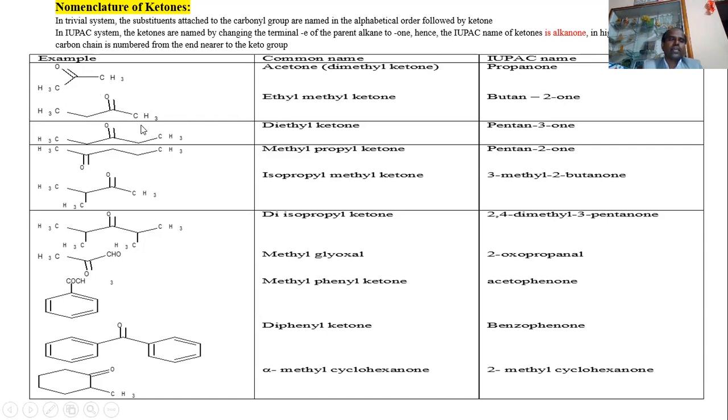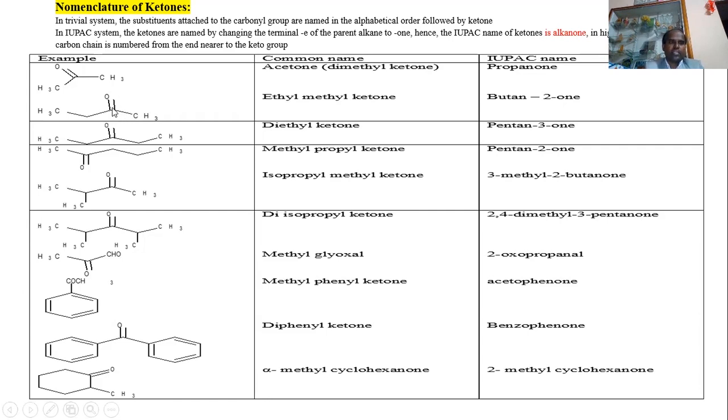So in that way, numbering from this side is more correct compared to this one. That is the reason at second position ketone is there. Since it contains 4 carbon atoms, the parent alkane name is butane, and butan-2-one is the IUPAC name for this structural formula.